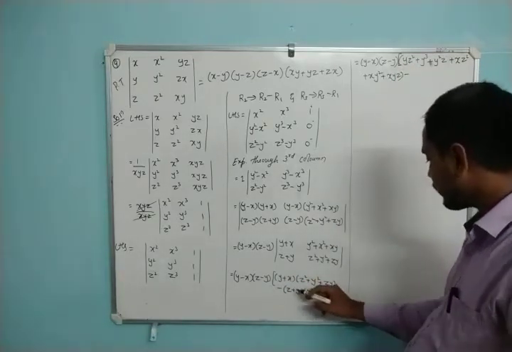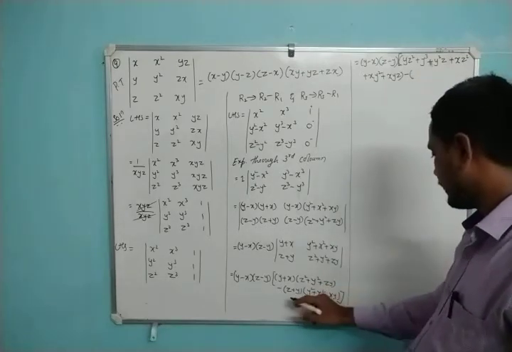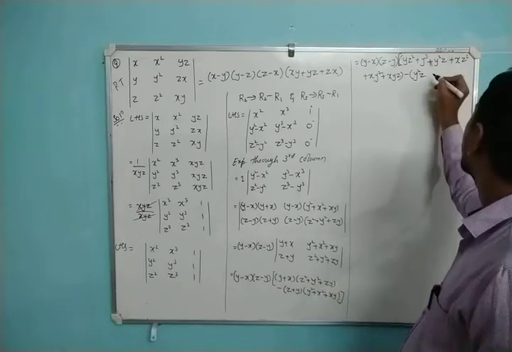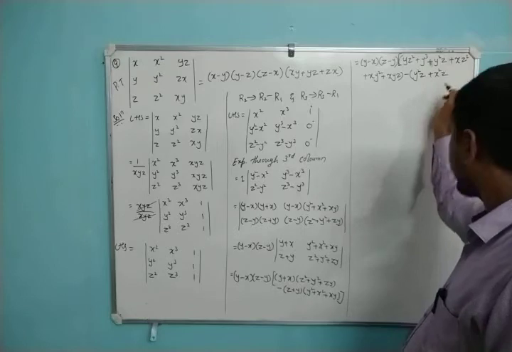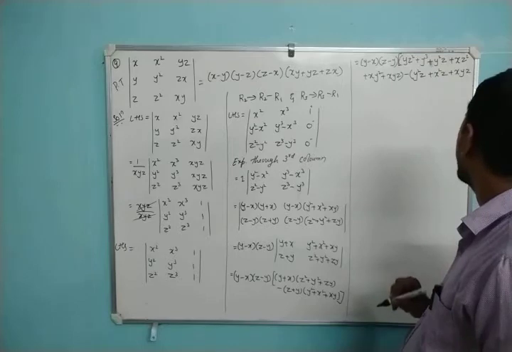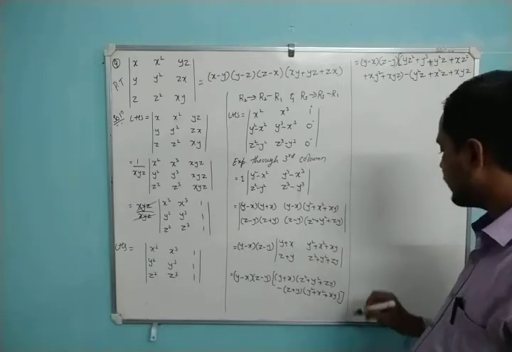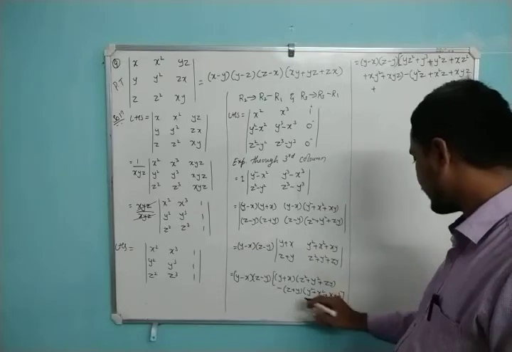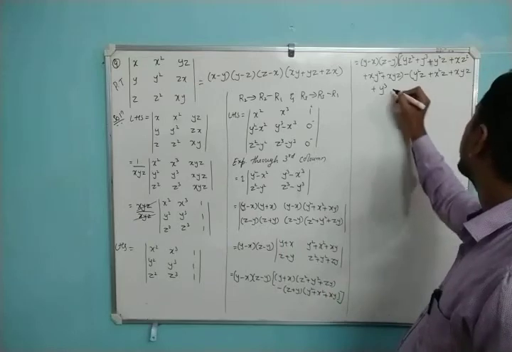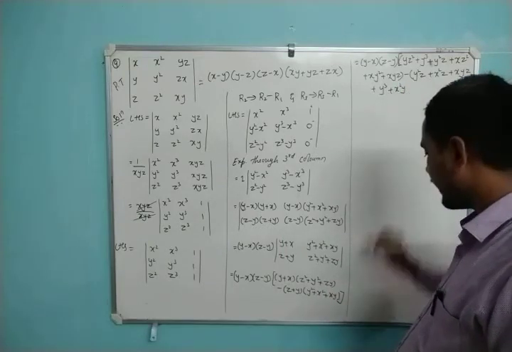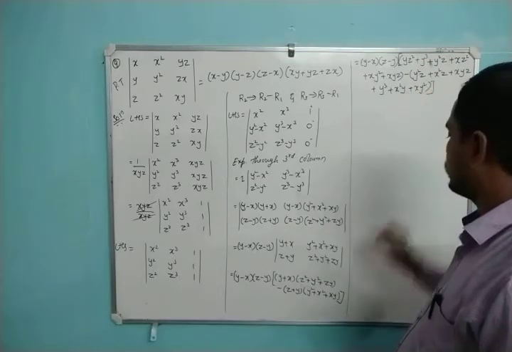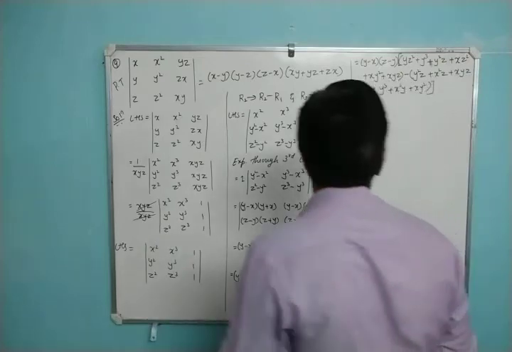Now we need to multiply this one. Open up this bracket. Z into y square, y square z, z into x square, x square z, z into xy, xyz. Okay. Now plus y into y square, y cube, y into x square, x square y, y into xy, xy square. So this completes multiplying, opening all the brackets. Right.